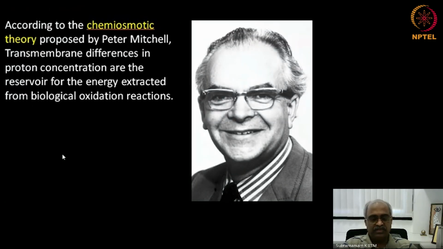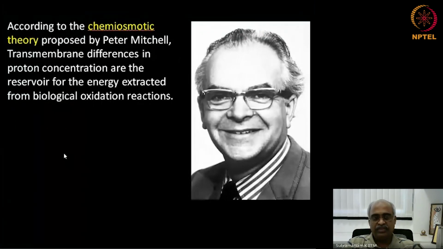This explains the mitochondrial oxidation and phosphorylation by which we get energy from the food that we eat, and it also explains how the energy from sunlight is used for splitting water and obtaining electrons and finally reducing carbon dioxide into carbohydrates. Both these processes are explained by this chemiosmotic theory, which is profoundly central to biology, and that's why he won the Nobel Prize for this discovery.